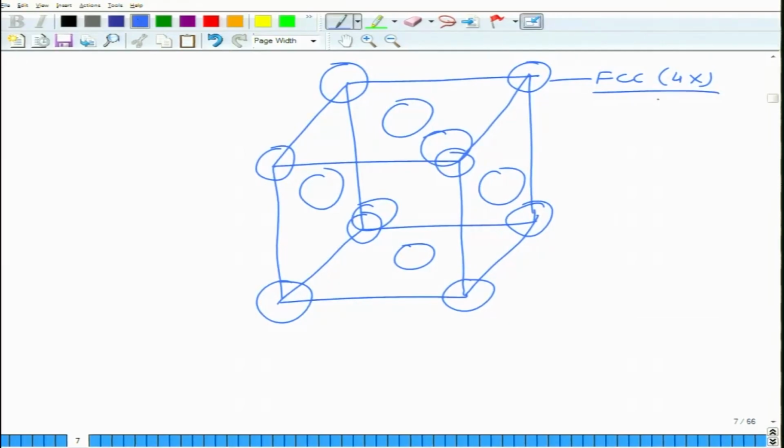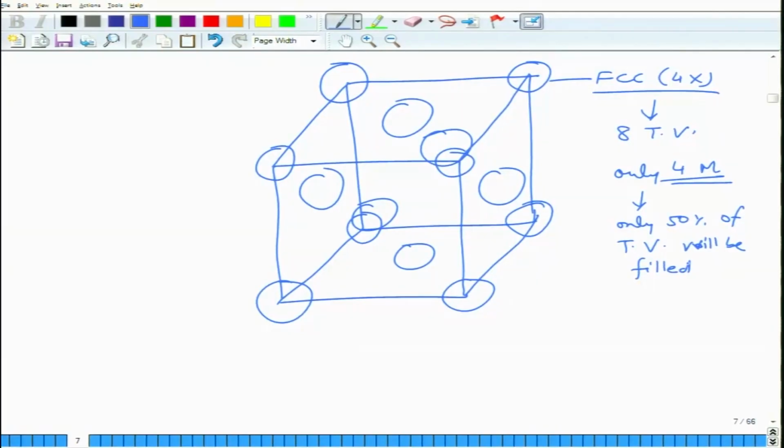So, you have 8 tetrahedral voids, but we have only 4 M atoms based on stoichiometry. Stoichiometry allows that M:X should be 1, that means we have only 4 M, which means only 50% of tetrahedral voids will be filled.